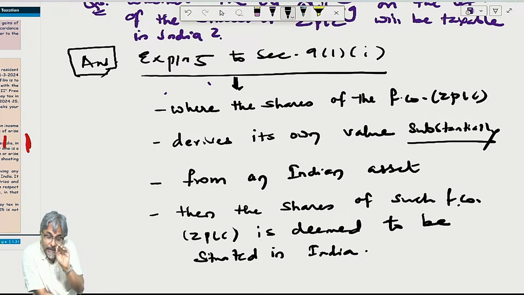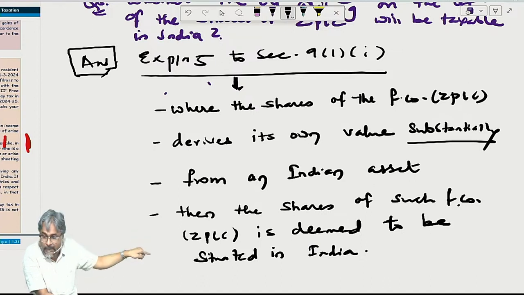What we have to determine is whether ZPLC derives its own value substantially from an Indian asset. If yes, then don't say this: that ZPLC is an Indian company. Did it change the character of the company? They don't change the character of the company. What they change is the location of the shares of that company.